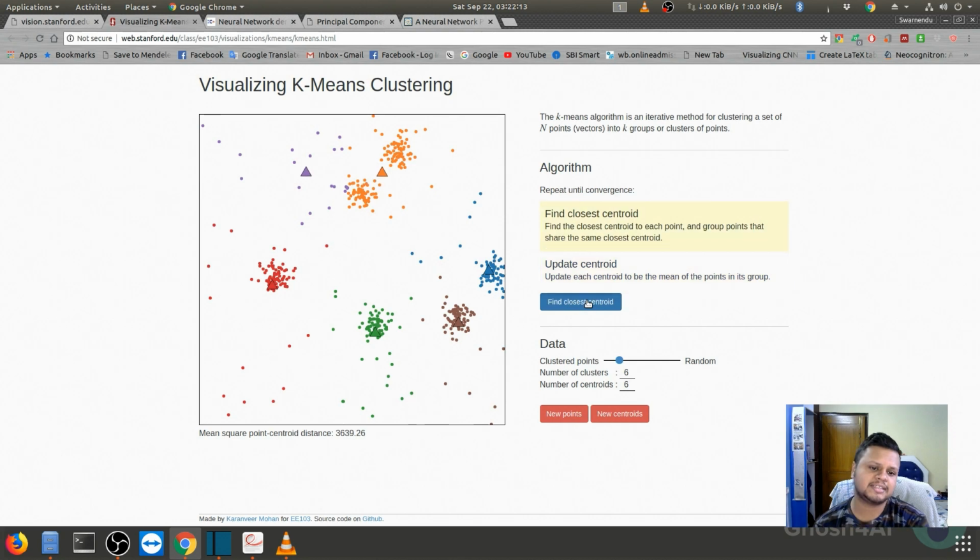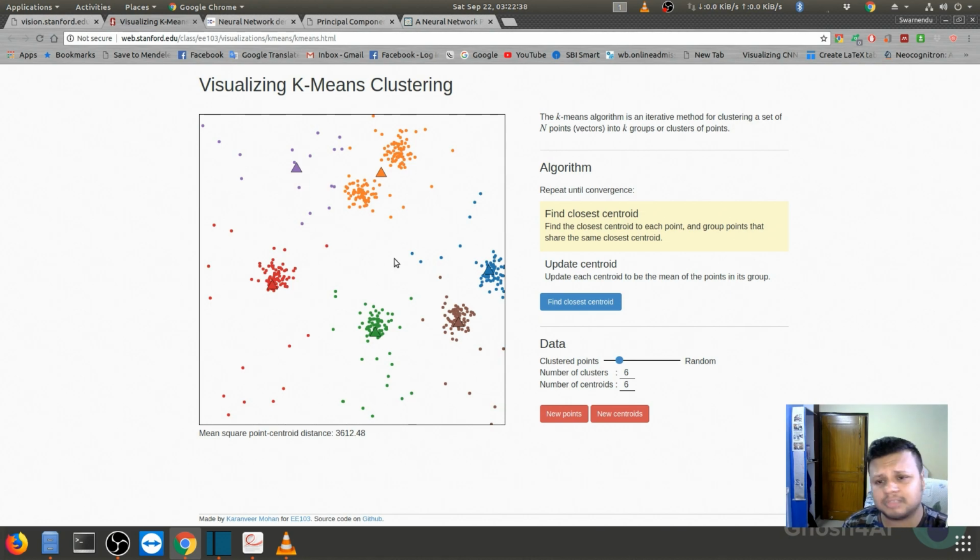Okay, so in this case you can see that this orange mean is actually capturing these two clusters together, and this purple point is not near any cluster. So this can sometimes happen because of a bad initialization scheme. This K-means algorithm might not give you satisfactory results.